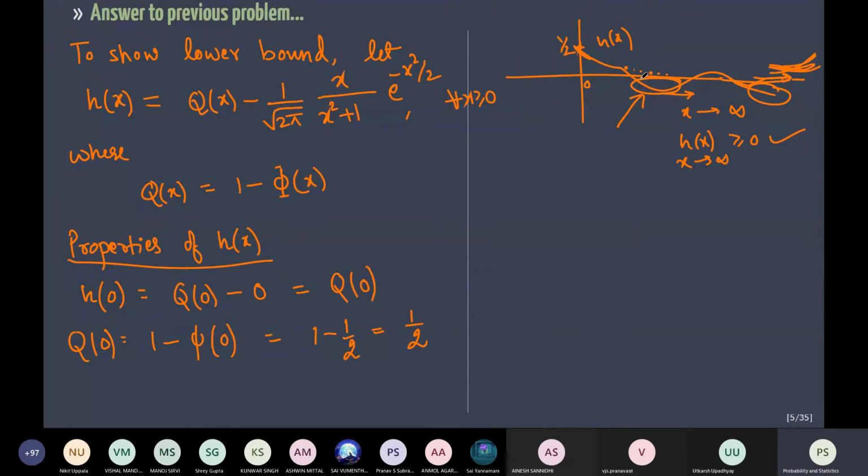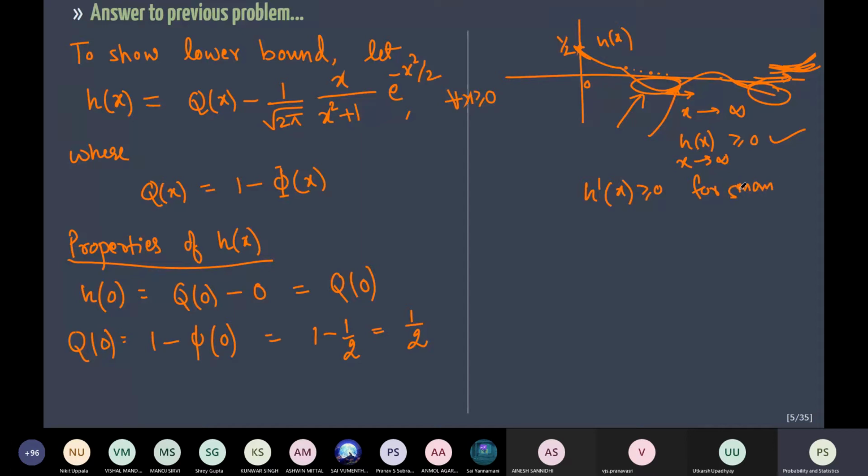In terms of slope, what do I need? Because if it has to become greater than 0 asymptotically, it has to come up. So this graph has to come up. In other words, at some point its derivative is going to be positive. So in these cases, its derivative has to be positive for some x.